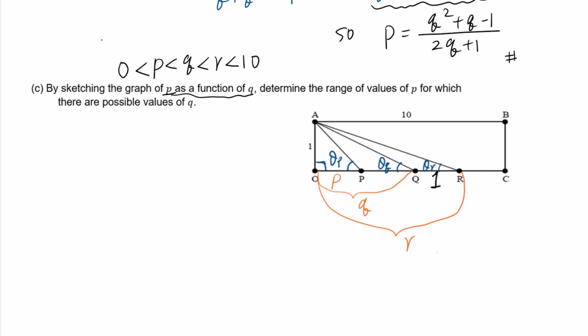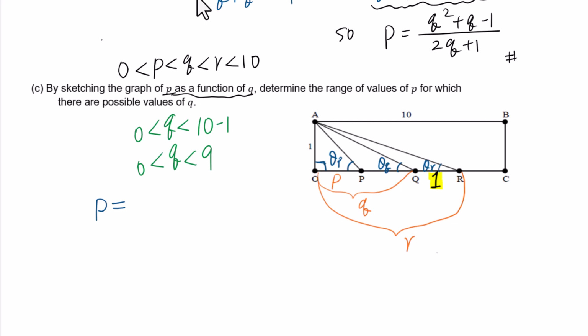We are also given QR equals 1, which means Q is greater than 0, less than 10 minus 1, so Q is greater than 0, less than 9.